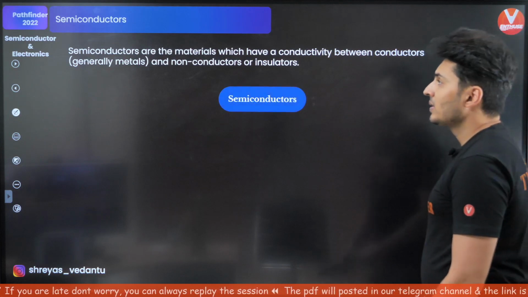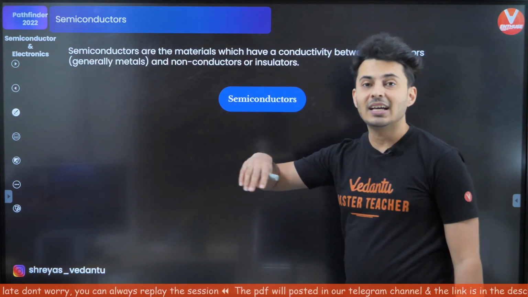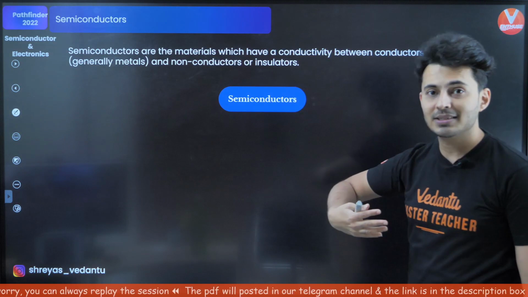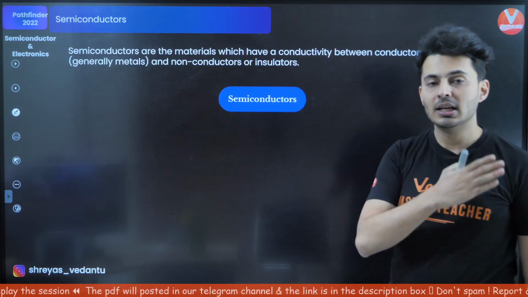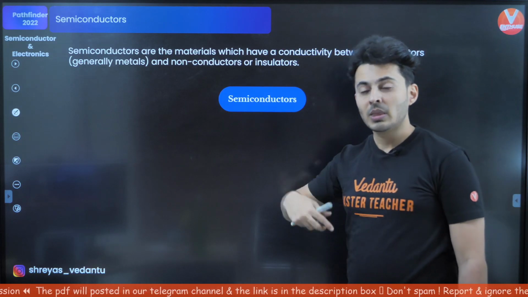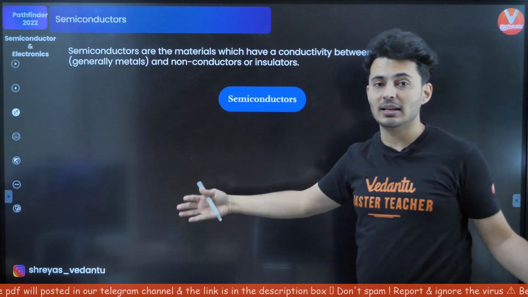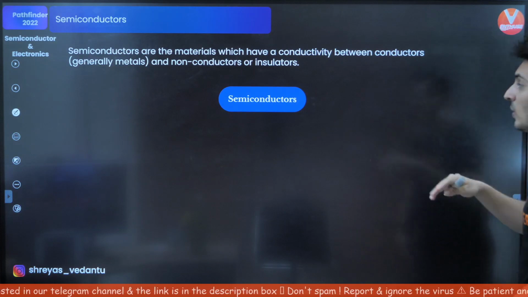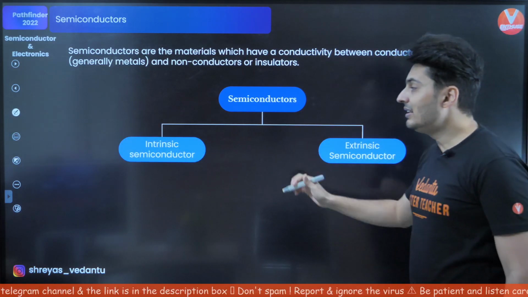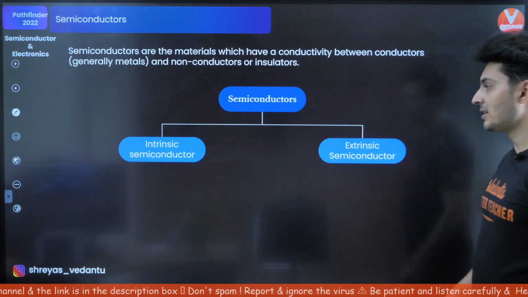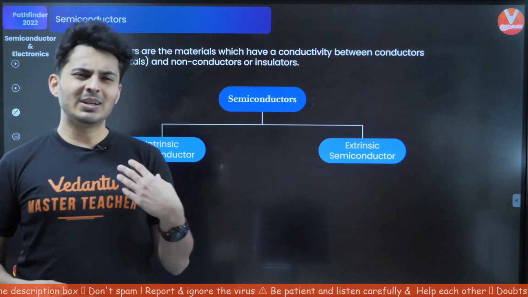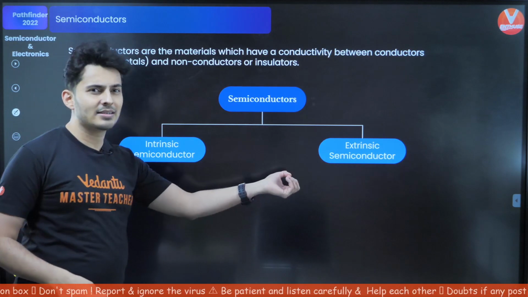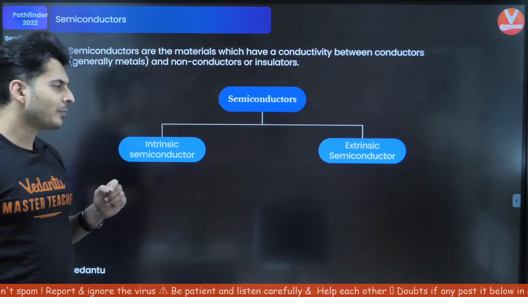Now, semiconductors can be classified further into 3 parts. I just told you insulators, semiconductors, and conductors. Now, semiconductors also can be classified. How do you classify it? 1. Intrinsic. Next, extrinsic. I'll tell you what all these things mean. Don't worry. But what is the meaning of intrinsic and extrinsic? The name should ring a bell.